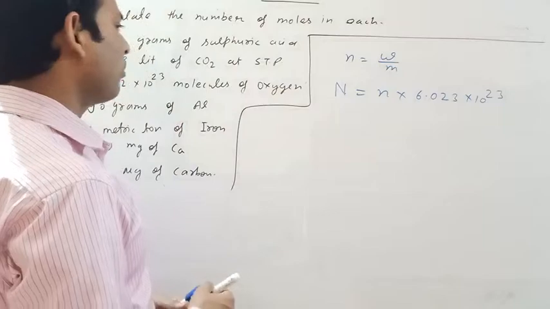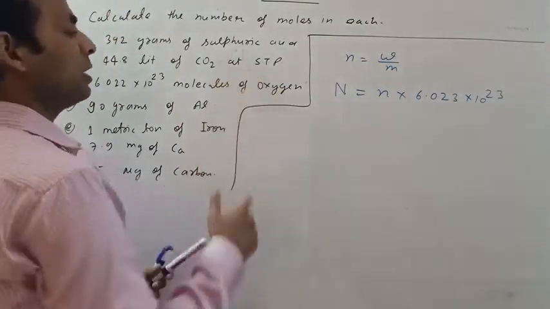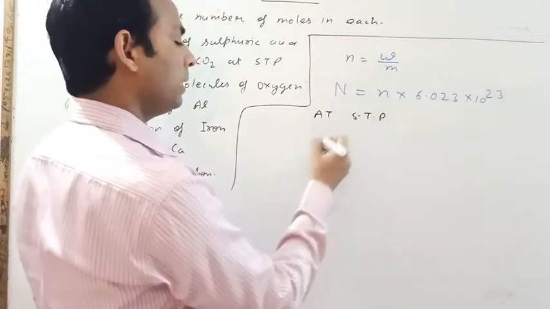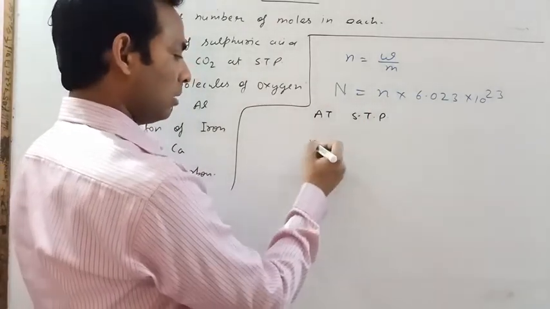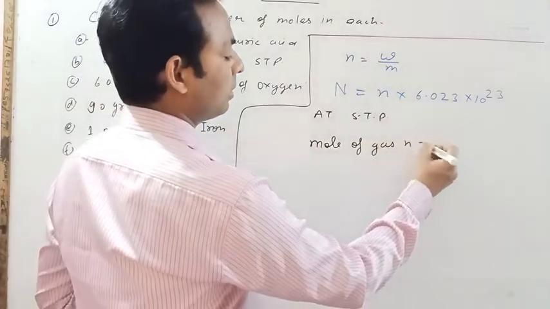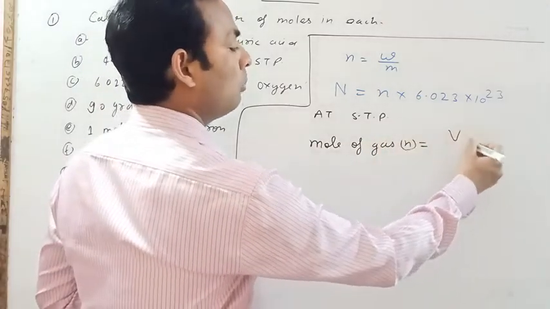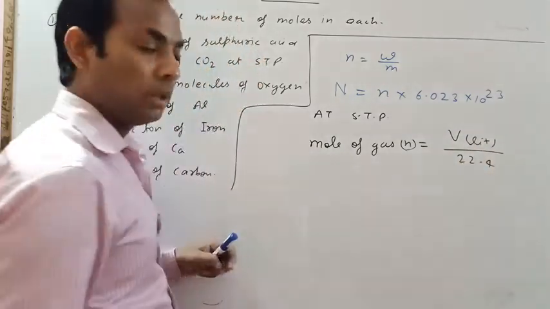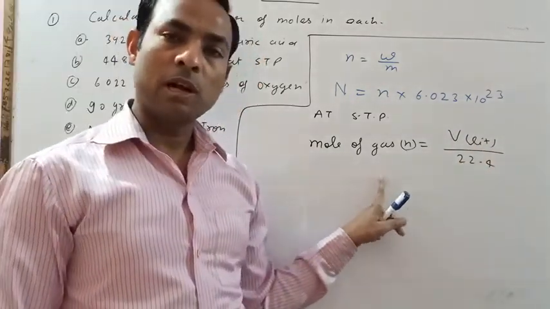One more formula I am going to tell, that is related to STP. At STP, moles of gas, it means n, equal volume in liters upon 22.4. So this is also another formula.